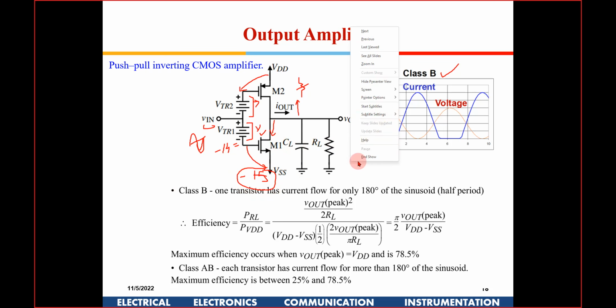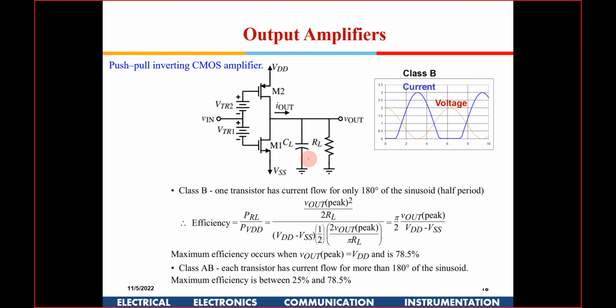Now if you try to compute the efficiency of this particular circuit, again the load is V out P. The same voltage is being given to the load, so there is no problem with that. But what about the current which is drawn from the power supply? The power supply is VDD minus VSS, whereas the current is like a half wave rectifier.